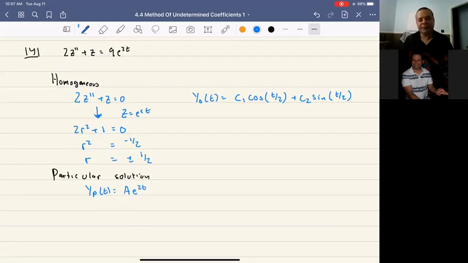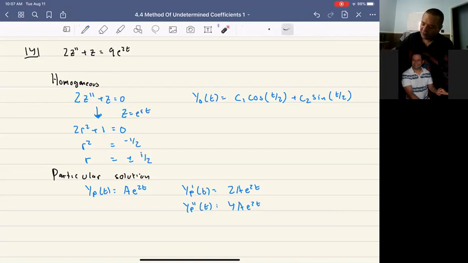So yp prime, which we don't really need, but we need it in order to find yp double prime. So yp double prime is 4a e to the 2t.